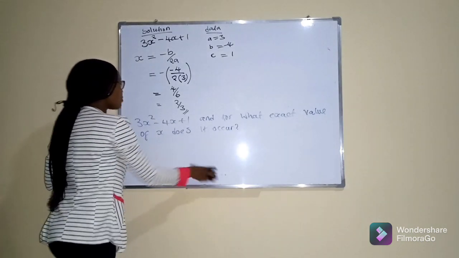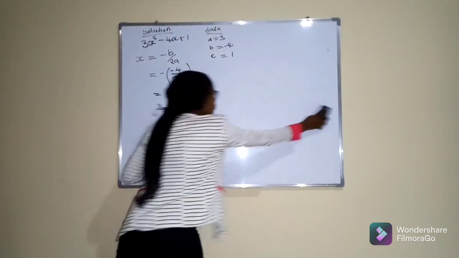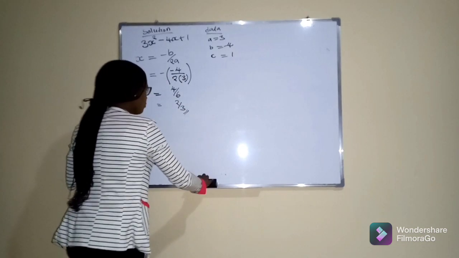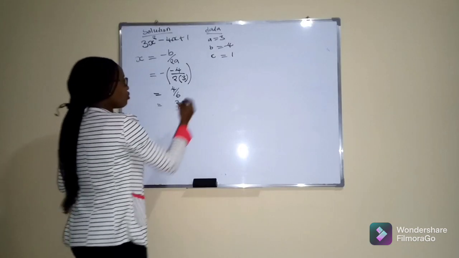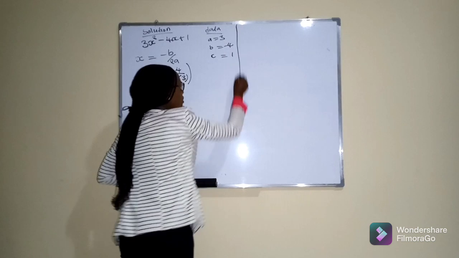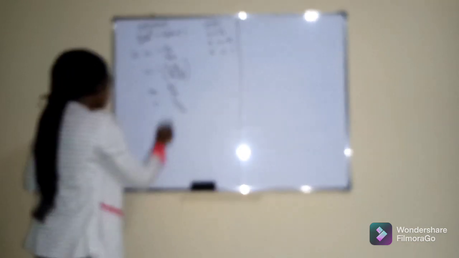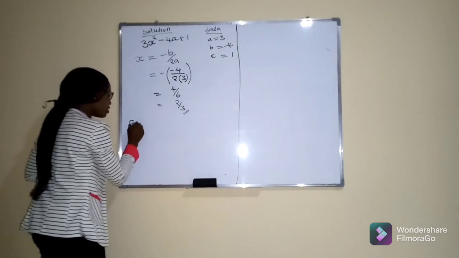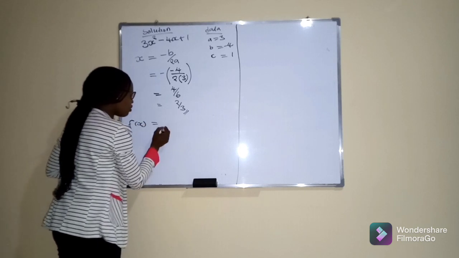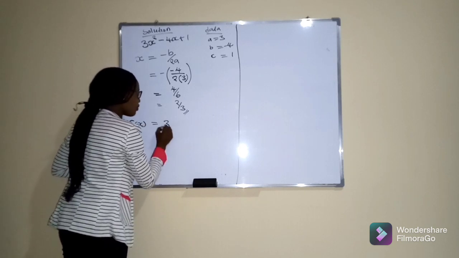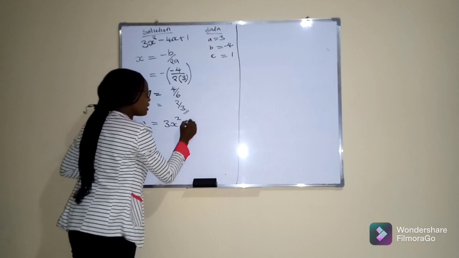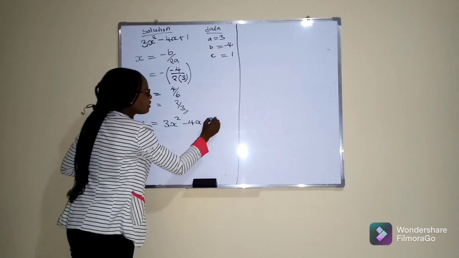So this function that we have, we've been given f of x being equal to 3x to the power 2 minus 4x plus 1.